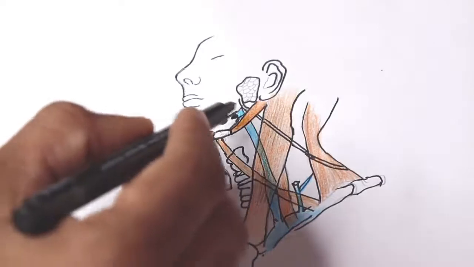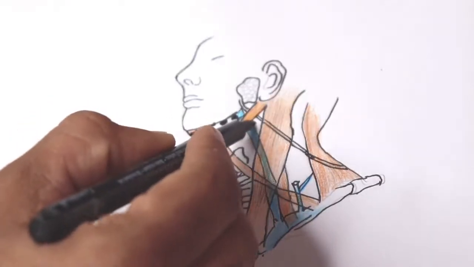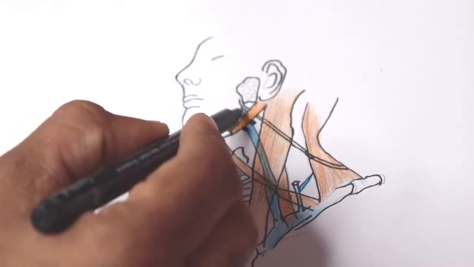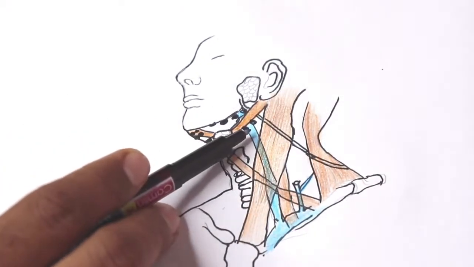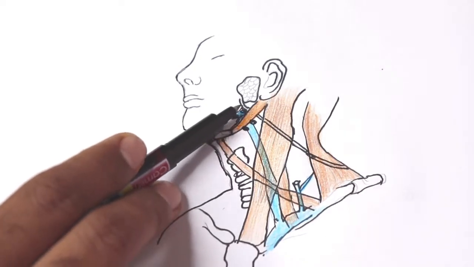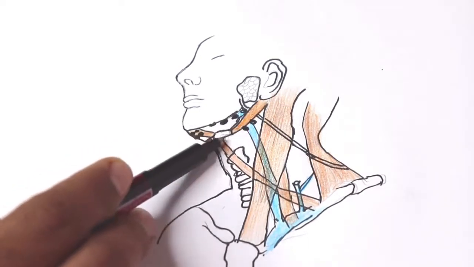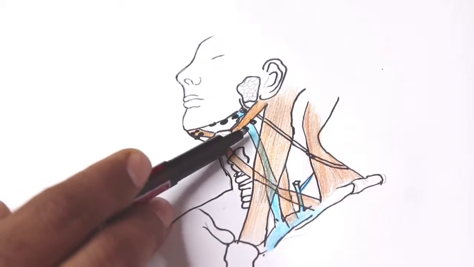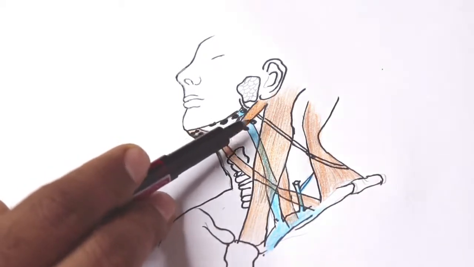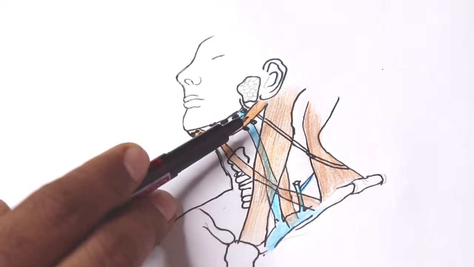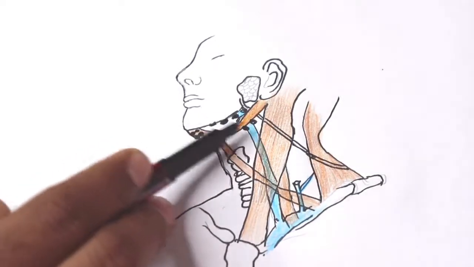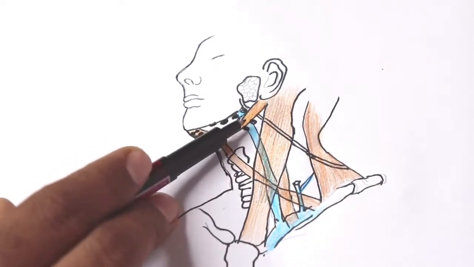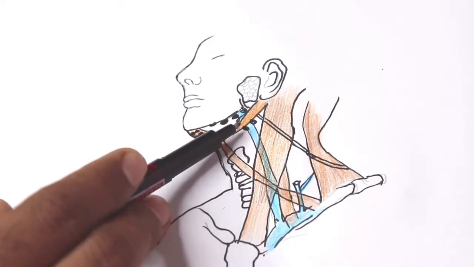Nodes which are present over here come under level 2. I repeat, from the skull base till the inferior boundary of the hyoid bone, those come under level 2. Anteriorly the stylohyoid muscle will be there and posteriorly the sternocleidomastoid muscle will be there, and level 2 is further classified as 2A and 2B.